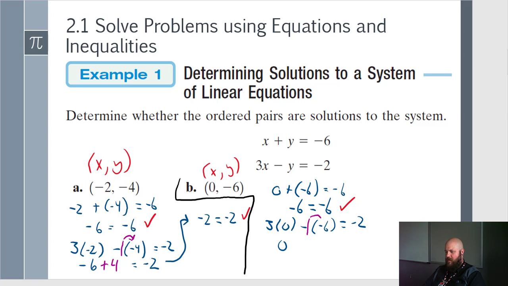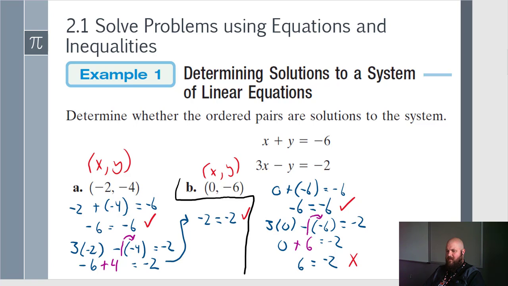And you're going to multiply it times the -6. Well, we know 1 times 6 is just 6. And we have a negative times a negative, which makes it positive, okay? All right, and that still equals -2. Well, now this equation gives us 0 plus 6 on the left, gives us a 6. And that equals -2. Does that make sense? No, that doesn't work, does it? So with this, it's a no-go.